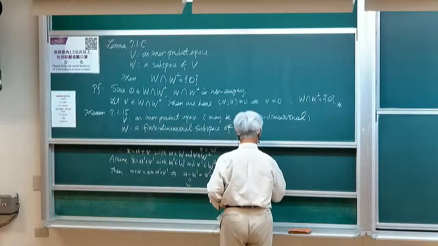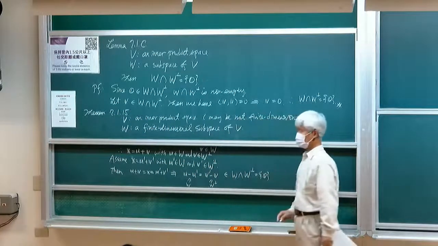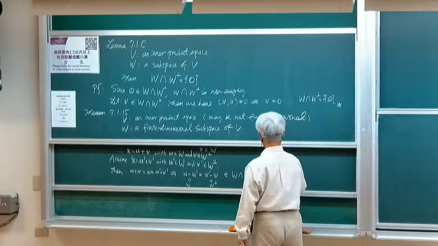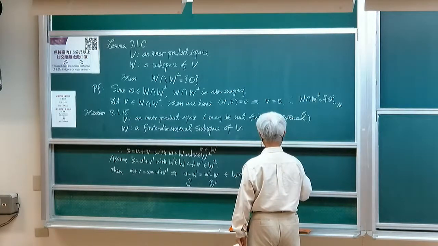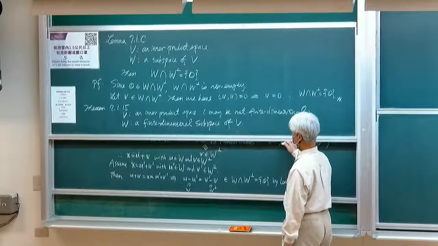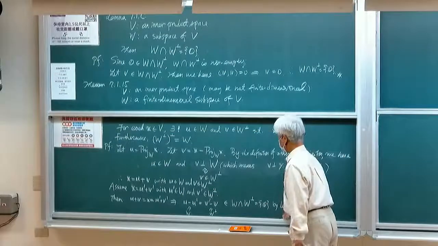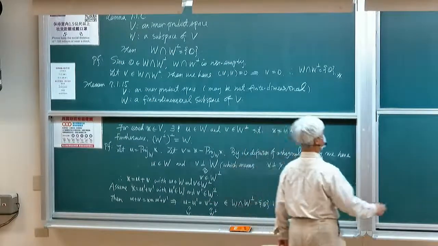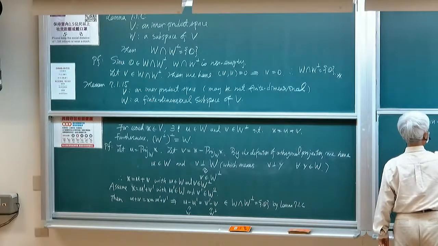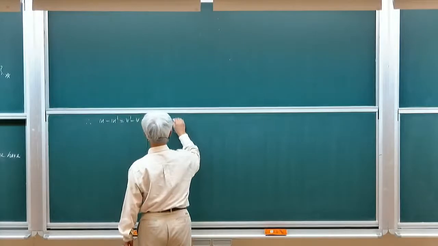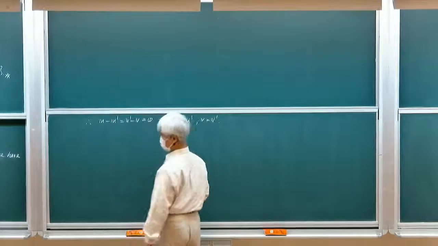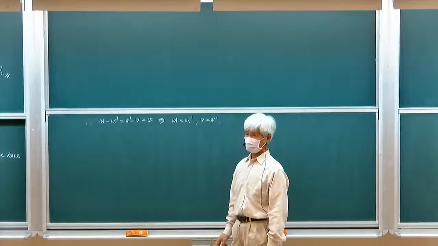But as we know, the intersection is just the set of the zero vector by lemma 7.1.c. So U minus U prime equals V prime minus V equals the zero vector. So the representation is unique.